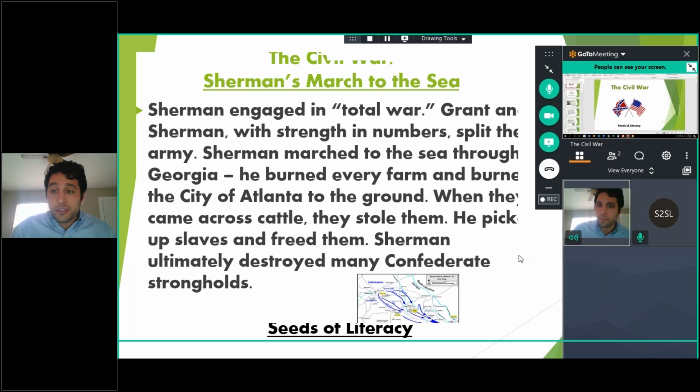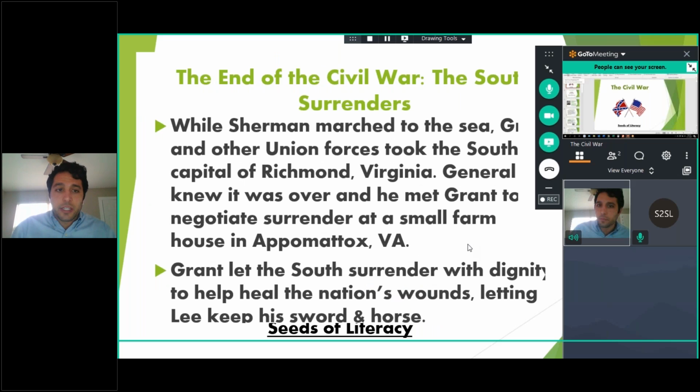And so while he is doing that, Grant is making his way to the southern capital, what the Confederacy had recognized as their capital, which was Richmond, Virginia. So the Union forces take Richmond, and General Lee basically gets to the point where he knows that it's over. So he met Grant to negotiate surrender at a small farmhouse in Appomattox, Virginia.